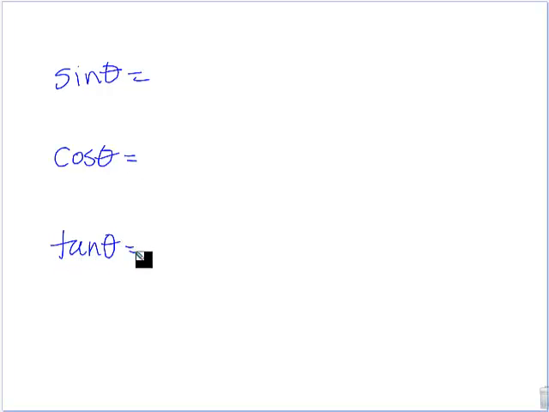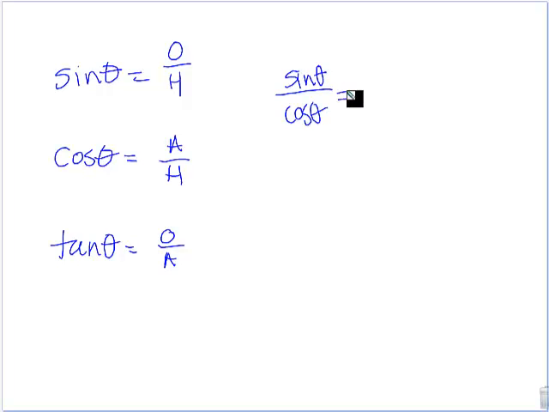So SOHCAHTOA. Sine says we are opposite over hypotenuse, right? Cosine says adjacent over hypotenuse. And tangent says opposite over adjacent. Tangent, I'm going to argue, is really sine over cosine. So if I take sine over cosine, sine is opposite over hypotenuse.